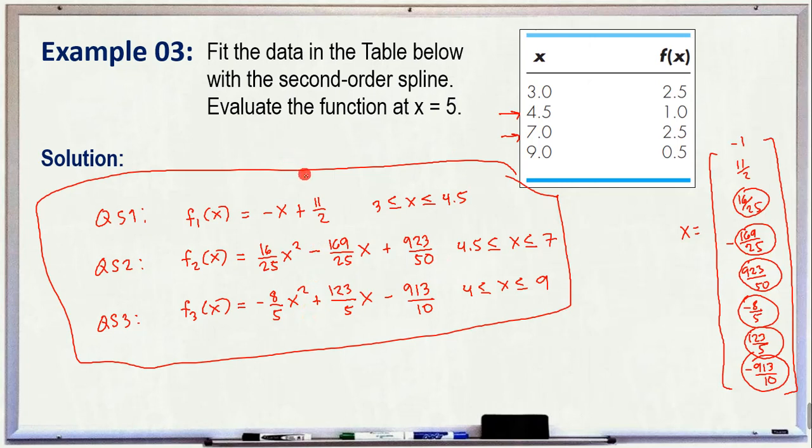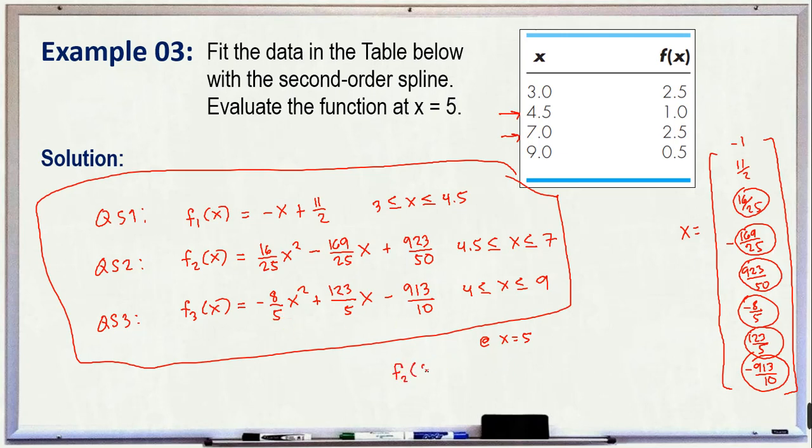So, if we are going to evaluate the function at x equals 5, which one will we use? Which one will we use, class? Okay, spline 2.